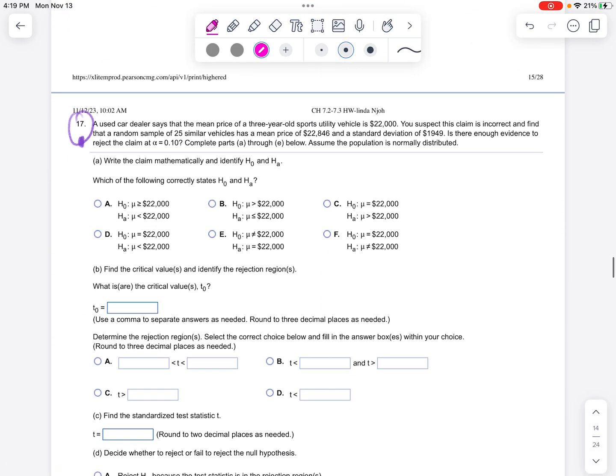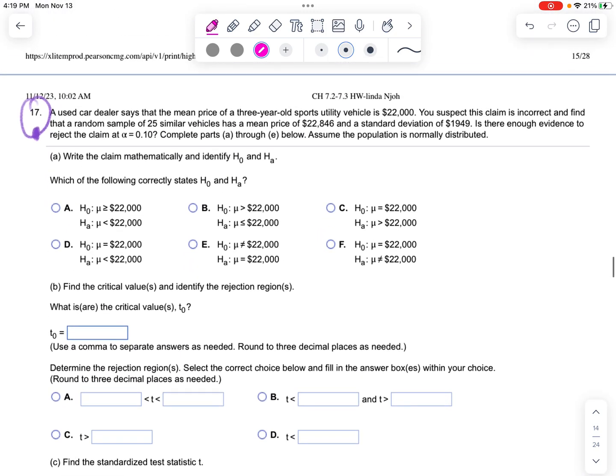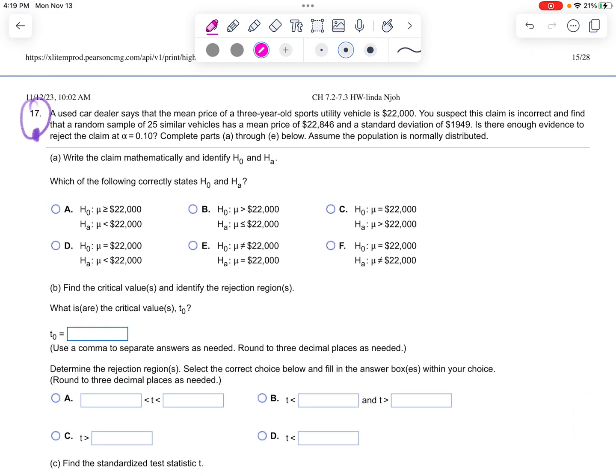All right, 17. Okay, let's do 17. A used car dealer says that the mean price of a 3-year-old sports utility vehicle is, so that's a two-tail test. So mu different than, your claim is in the null. You suspect this claim is incorrect.